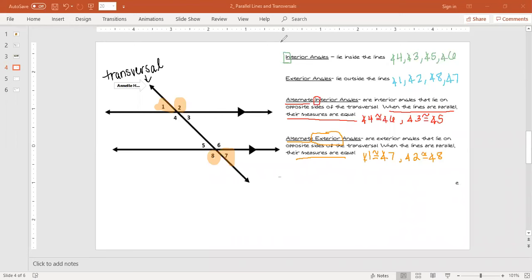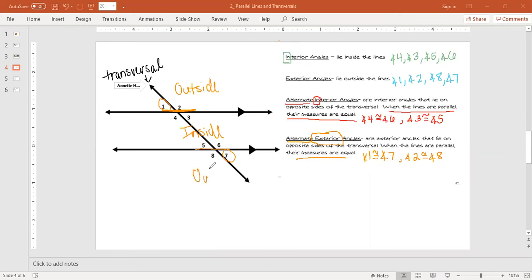Or not interior, exterior angles. I get tongue-tied sometimes with this. They're alternate exterior angles because they're on the outside. If you look, they're on opposite sides of the transversal, and they're on the outside of the parallel lines. This is the inside, and these are on the outside, okay?